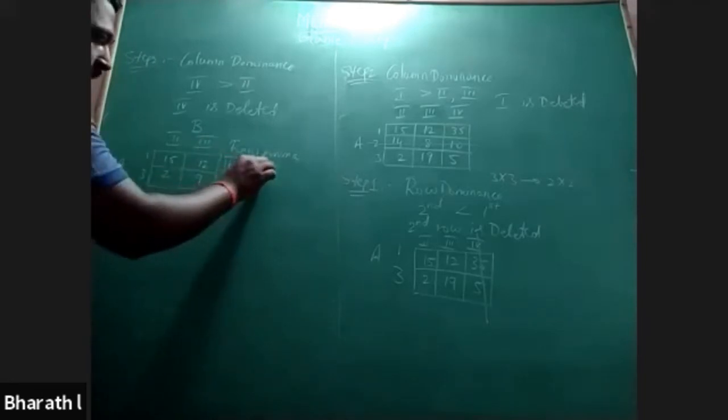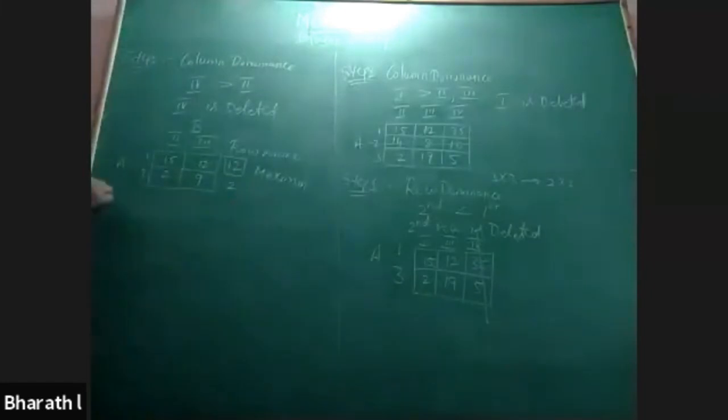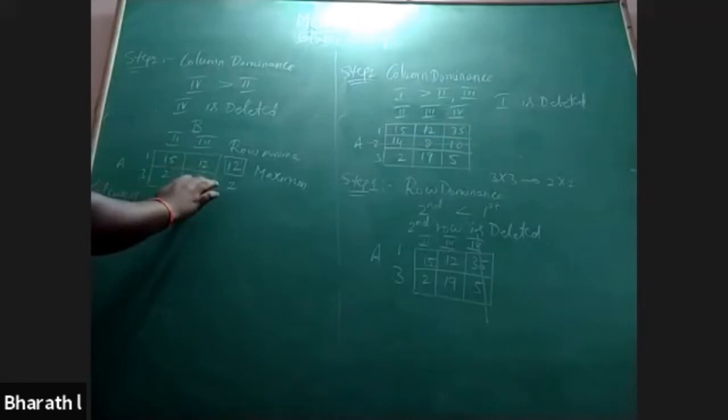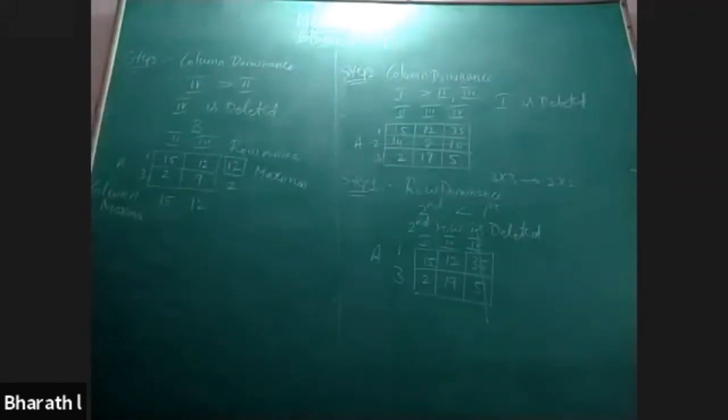Out of these minimums, the maximum is 12. Here you have to write maxi min. Similarly, here you have to write column maxima. Out of 15, 2, maximum is 15. 12, 9, maximum is 12.